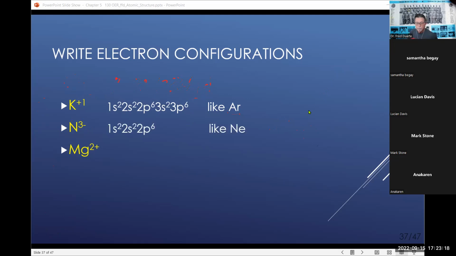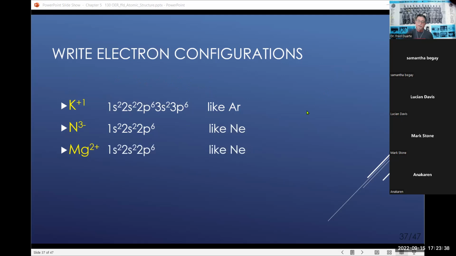The nitride, okay, is 1s2, 2s2, 2p6. The 2p3 would be nitrogen, and it has room for 3 electrons. So when you pick up 3 electrons, it now becomes nitride, and now has the same number of electrons as neon.